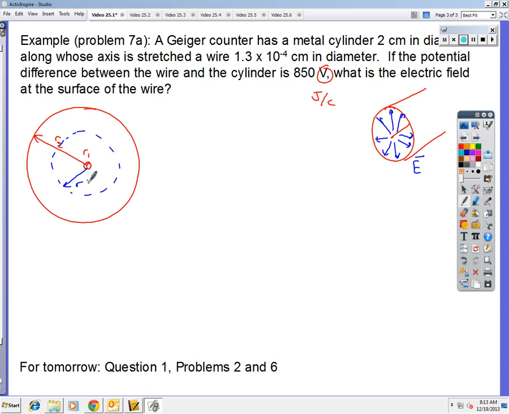Now the enclosed charge is whatever the charge density is on the wire. Well, actually I'll just say that the enclosed charge is Q. It's the charge on the wire.